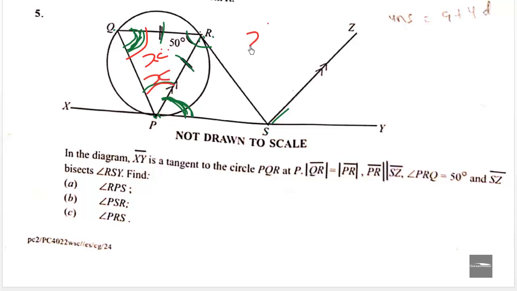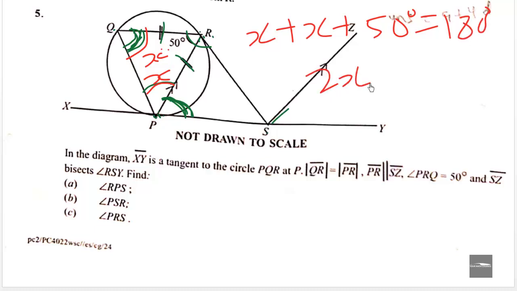So we have x plus x plus 50 will be equal to 180 degrees. So 2x will be equal to 180 minus 50, which is 130 degrees. Therefore, x will be equal to 130 divided by 2, which is 65 degrees. So this is 65 degrees.